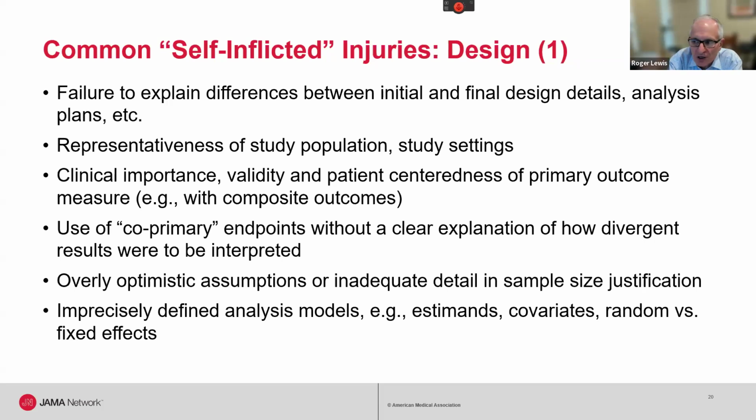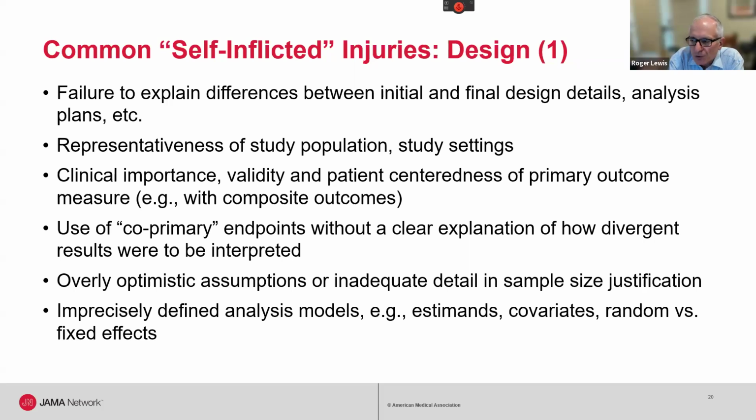Another issue is representativeness of the study population. We were just discussing a manuscript yesterday where the distribution of sex in the enrolled population is different than the known distribution of sex for the target illness. And that's odd. Why was there apparent selection based on sex?